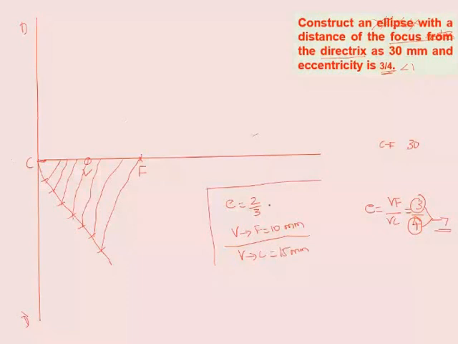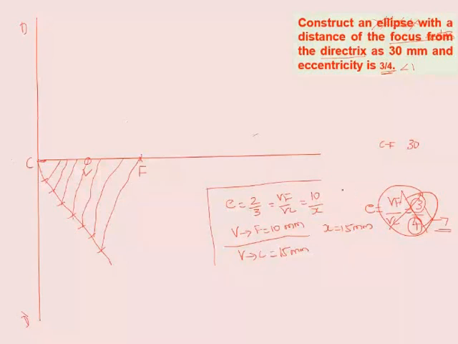The question gives the distance from V to F, so this is 10 mm. Let's say this is X. If you do this, X will be 15 mm. You need to locate the point from C at a distance of 15 mm, and from there 10 mm. You need not do these calculations because they directly give that. Is that correct? Yes, sir.